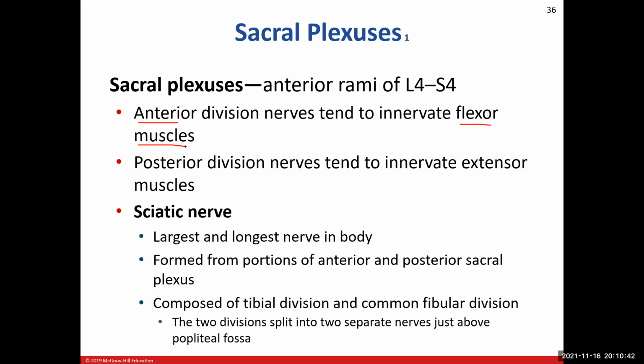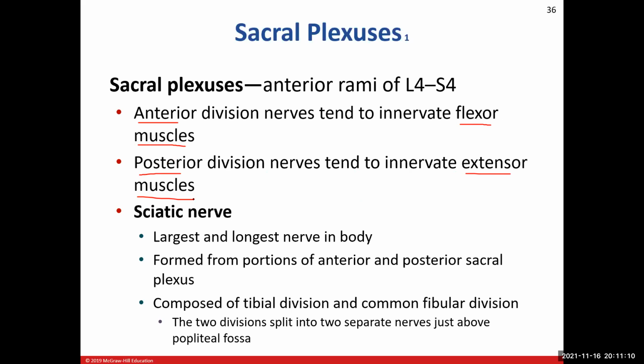And then our posterior division is going to be extensor muscles. Easy to remember. So I can't talk about nerves and not talk about the largest and longest nerve in the body, the sciatic nerve. The sciatic nerve is going to have both anterior and posterior contributions to the sciatic nerve.